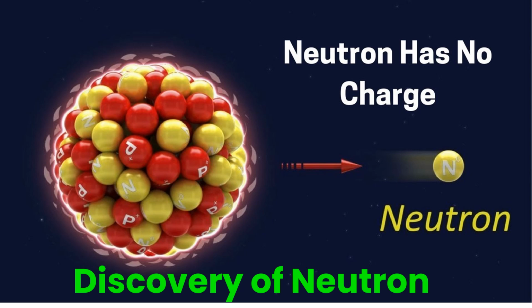discover the neutron. Dear student, in order to understand the discovery of the neutron, you need to understand the pre-existing model of the atom before the discovery of the neutron. In 1804, it was John Dalton who gave his Dalton atomic theory.